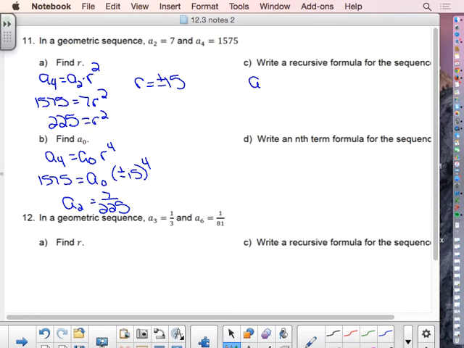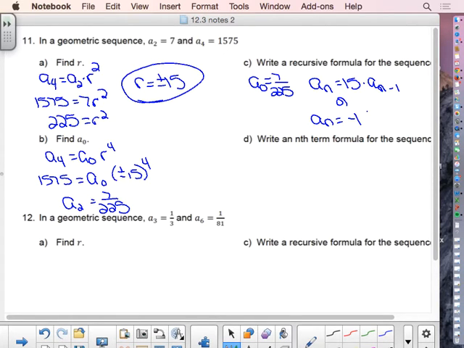We start with defining a sub 0 as 7 over 225, and then write the recursive formula. a sub n is equal to 15 times a sub n minus 1, or, because there's two values for r, negative 15 times a sub n minus 1.